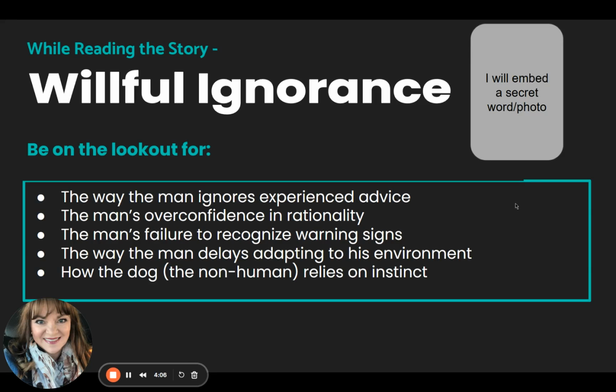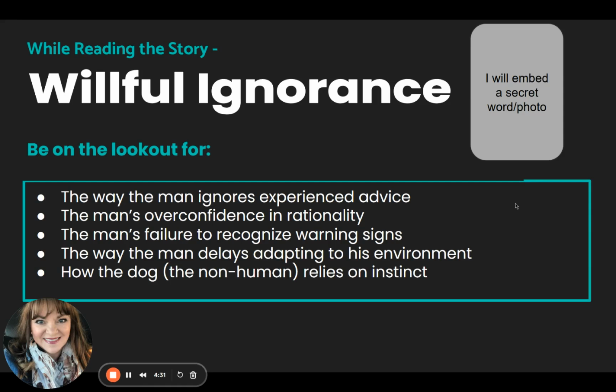The way the man, and they only call him the man, we never get his name, ignores experienced advice, I want you to be on the lookout for that. I want you to be on the lookout for the man's overconfidence. And I said irrationality. I'm not really sure if that's how I should have phrased that, but he is overconfident in rational thoughts and rational ideas.